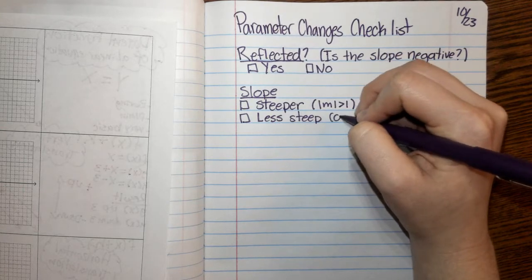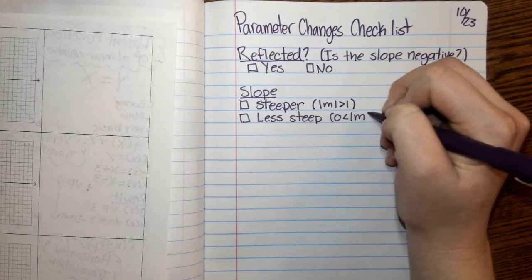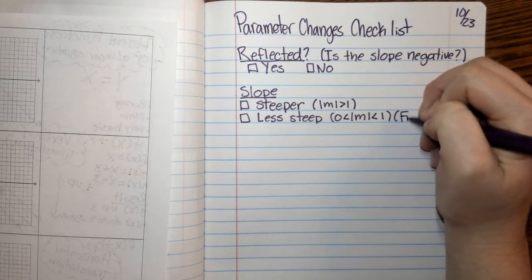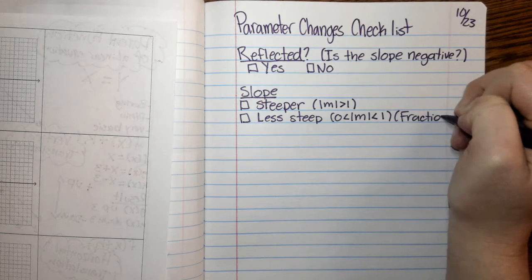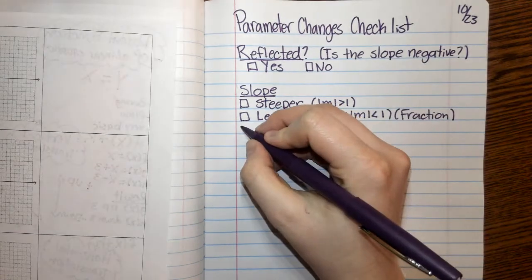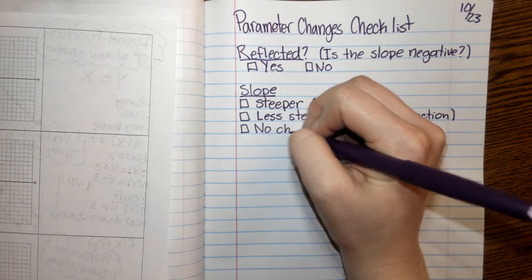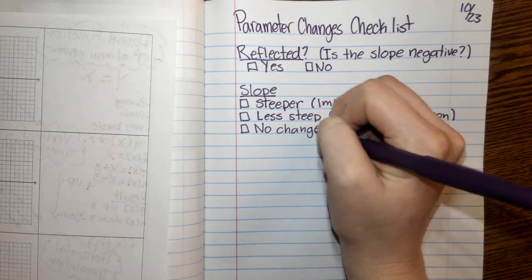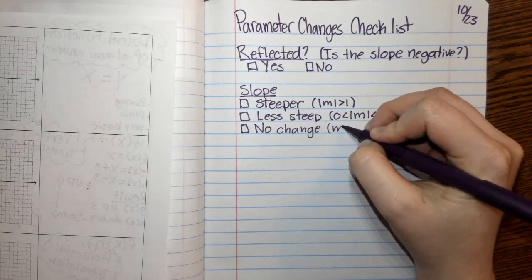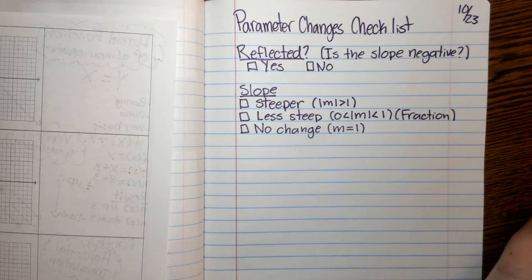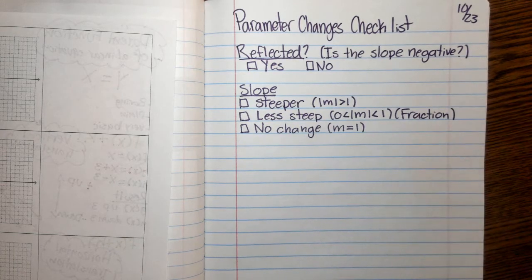That means that the absolute value of the slope is in between 0 and 1, or it's a fraction. Or the slope could not change, which would mean that the slope is equal to 1. Remember, all of these are in comparison to the parent function.